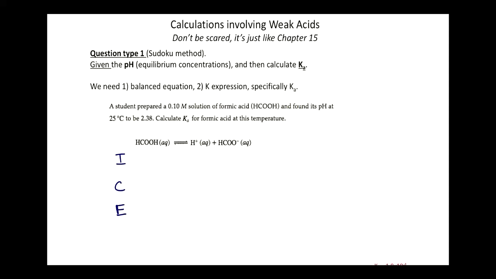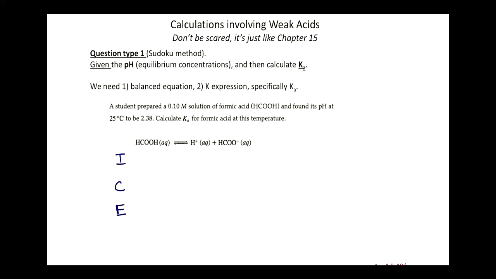It's what I call the Sudoku method, where in this type of question, when applied to a weak acid system, I typically give you the pH and I ask you to calculate Ka. This is just like what we did in chapter 15. I give you basically a hint at the equilibrium line so you can fill in the rest of that table, and then we can calculate Ka. Never make an approximation because I'm giving you the value of X, so just plug it into that ICE table.